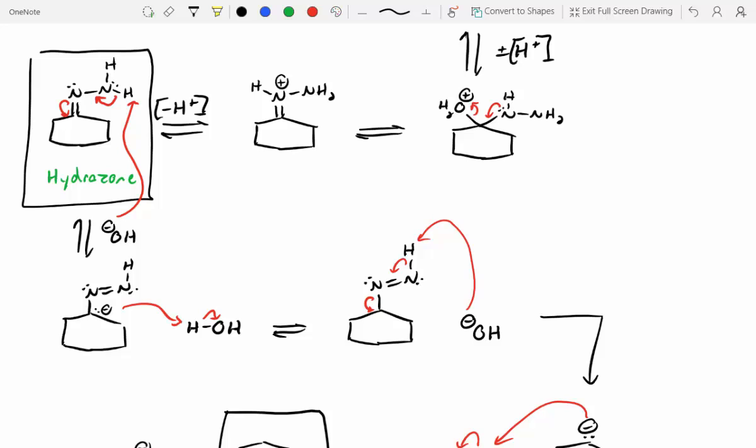Yep. In the textbook, as a hydrogen source, it said it was like a nitrogen-containing molecule. Do you want us to specify a hydrogen source for these reactions? A hydrogen source? You know, there's like H plus and H minus, and what's your driving reaction for that? Oh, are you talking about for proton transfers, what's doing it? Yeah, that gets pretty complicated. If you look in your book, they'll use one set of reagents.